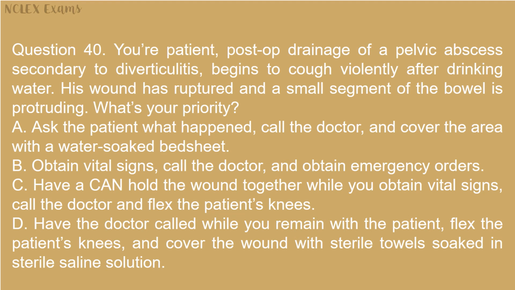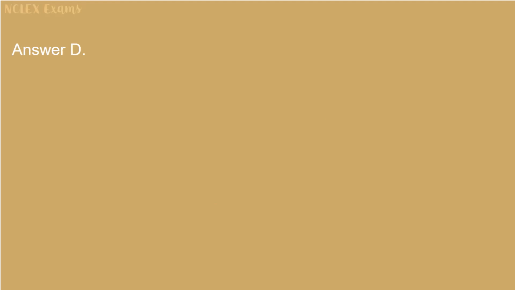C. Have a nurse hold the wound together while you obtain vital signs, call the doctor, and flex the patient's knees. D. Have the doctor called while you remain with the patient, flex the patient's knees, and cover the wound with sterile towels soaked in sterile saline solution. Answer D.